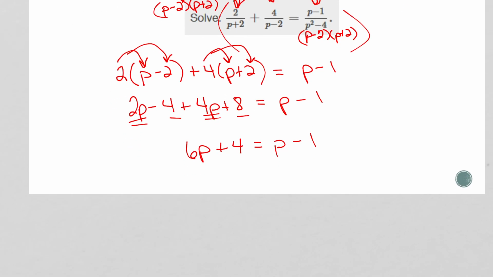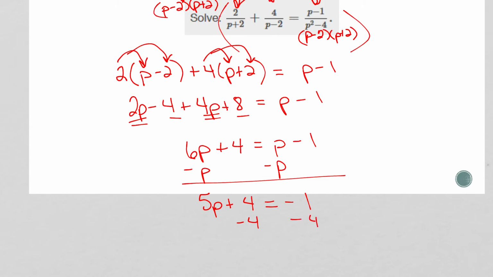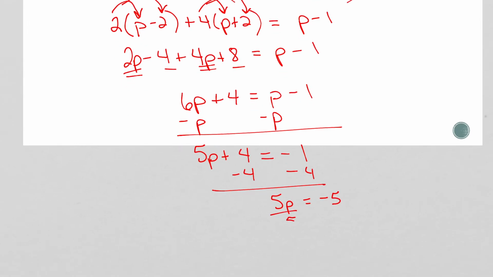I want to get my p's on the same side, and then I want to get my constant terms on the same side, and then divide by 5. And so p is equal to -1.